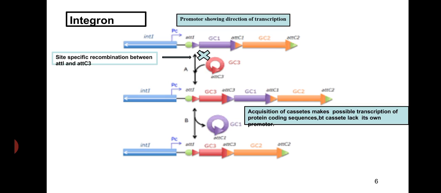Here the acquisition of cassettes makes possible transcription of protein coding sequences. But cassettes lack their own promoter. That's why they use the Pc promoter for transcription, because gene cassettes lack their own promoter.